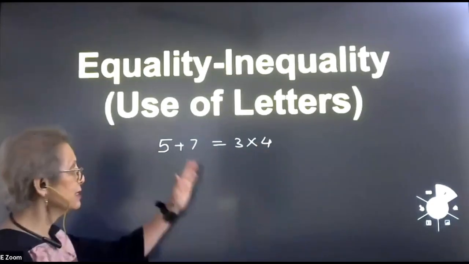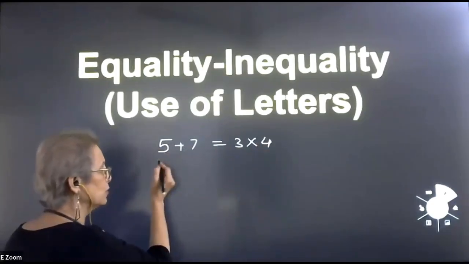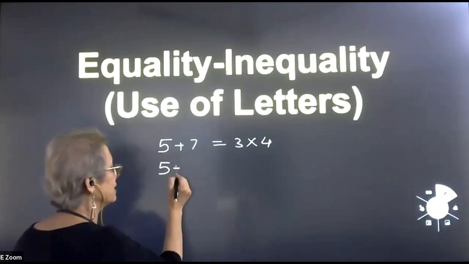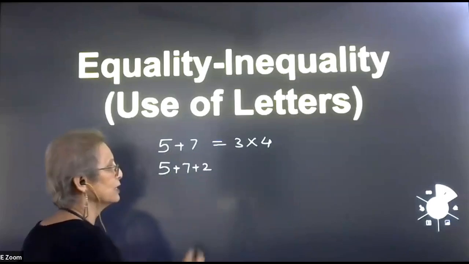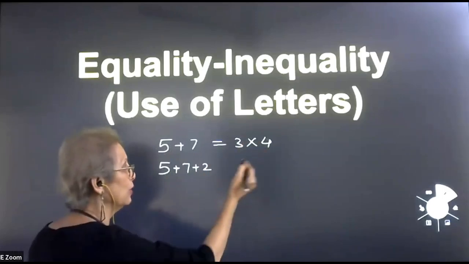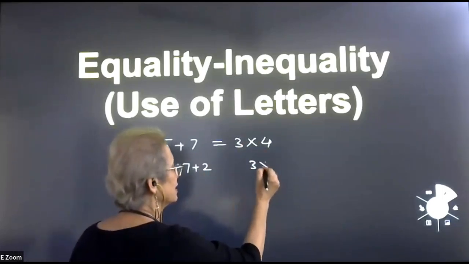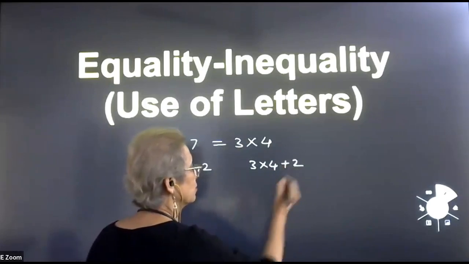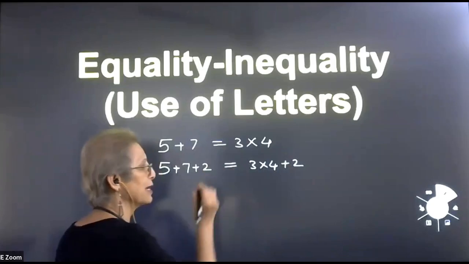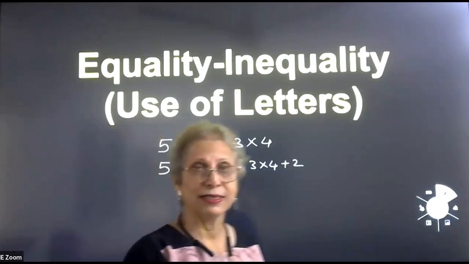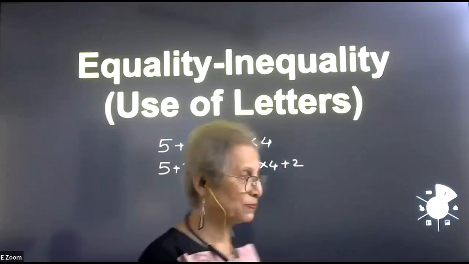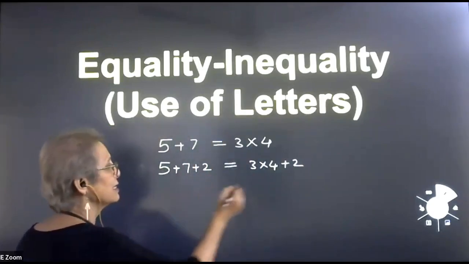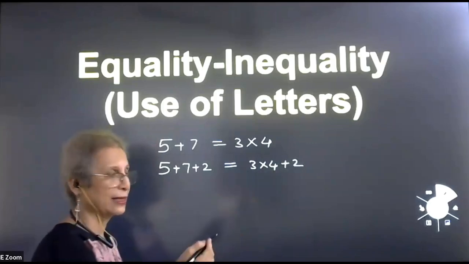This is our equality. Suppose I add 2 on this side, that is 5 plus 7 plus 2. Then I must add 2 on the other side also. That is 3 into 4 plus 2. And then only the equality remains. Otherwise, it will become an inequality.